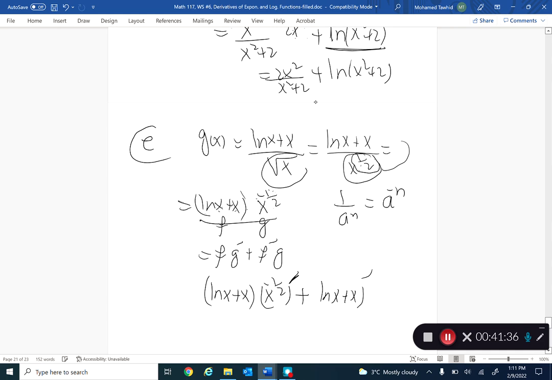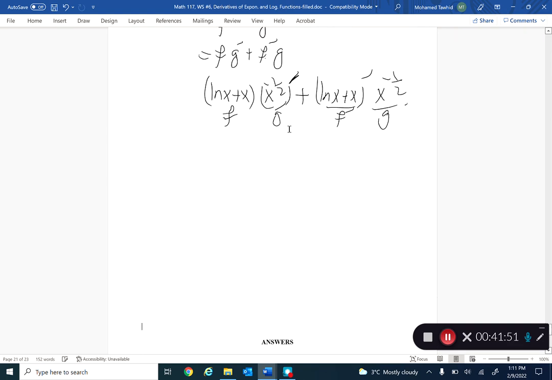That is your f prime g, and that is your fg prime. And then go ahead and take the derivative. What is the derivative of this? That is your y prime or g prime, the derivative equal to this.